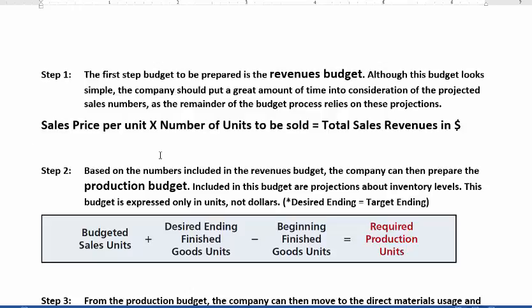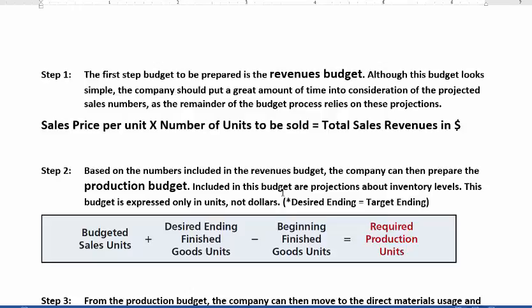The second step ties right in using some of the information obtained from the sales budget, and it is called the production budget. We are going to base this on the numbers included in the revenues budget.